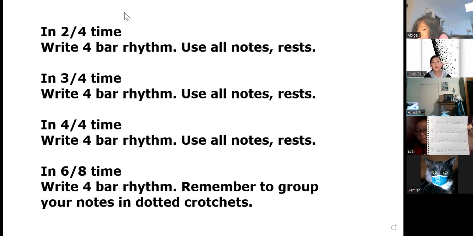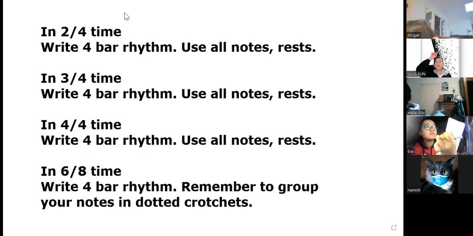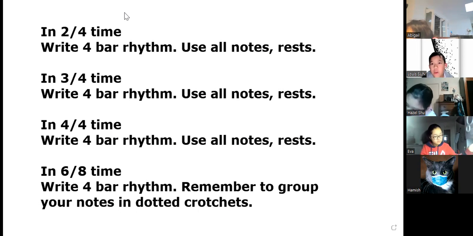Okay. In the third bar of your 2/4, remember if you're going to use a triplet, then you should put the triplet line over it. Wait a second, Hamish, can I have a quick look at yours again?